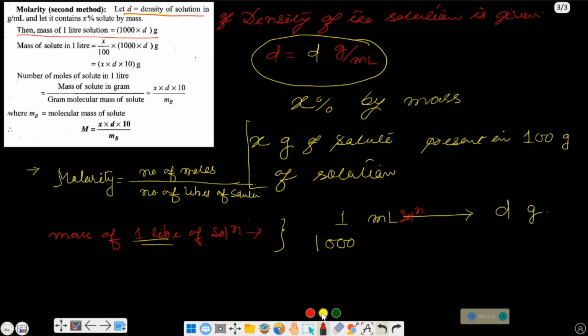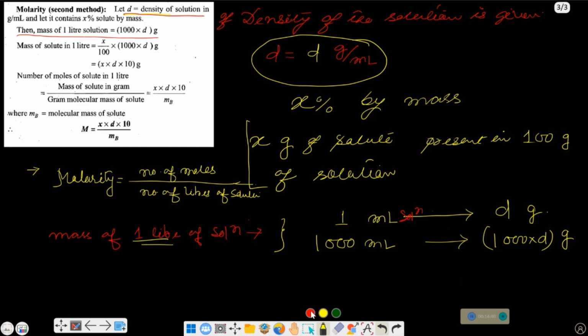Then 1000 ml, that is 1 liter of solution, contains how much? It contains 1000 into d gram, okay?